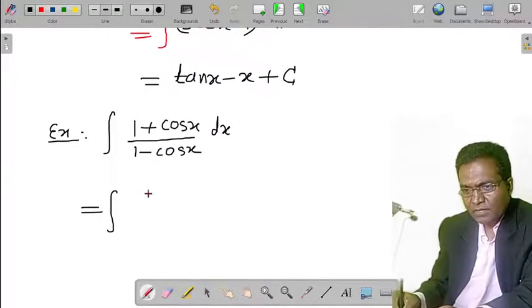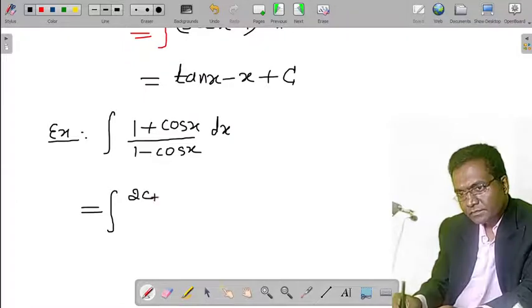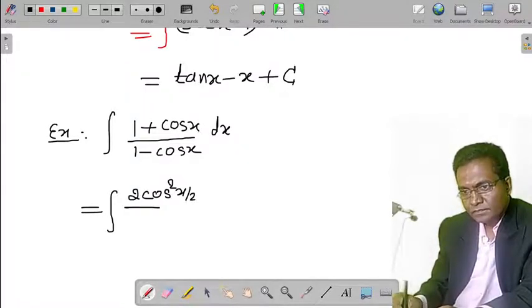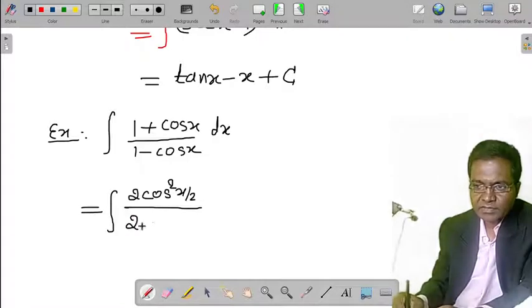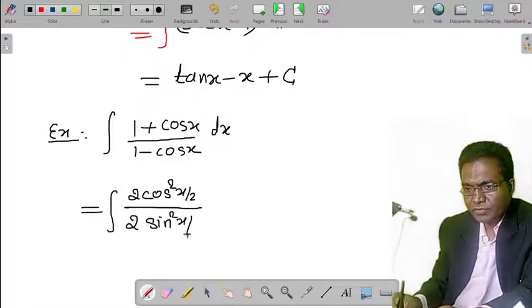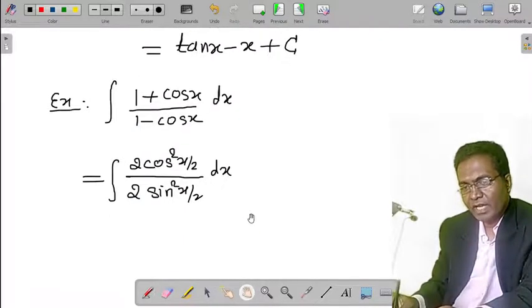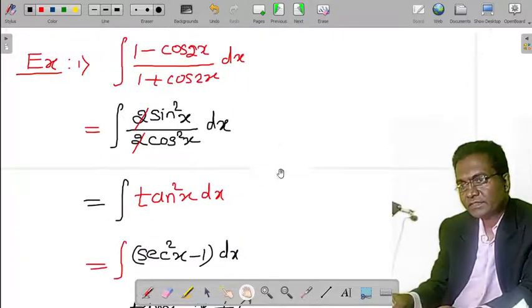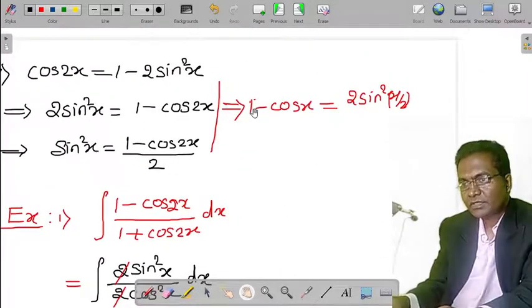So similarly, 1 plus cos x is 2 cos square x by 2, divided by 1 minus cos x, which is 2 sin square x by 2. I mentioned earlier, 1 minus cos x means 2 sin square x by 2.